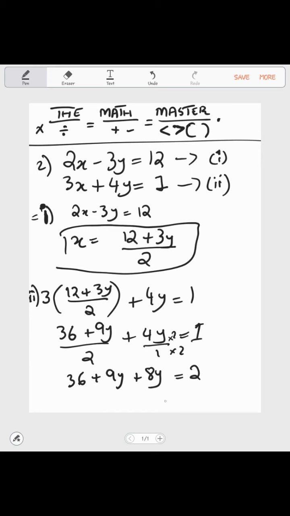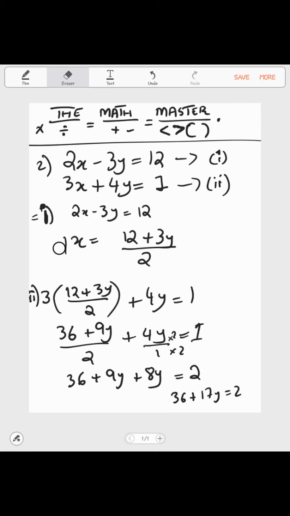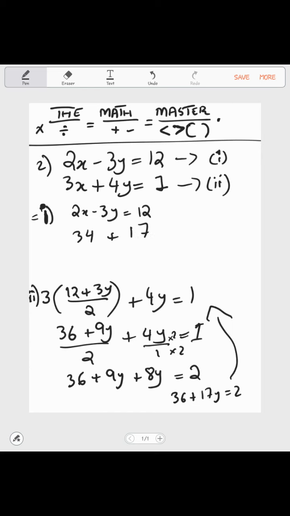So once we know this, we can easily calculate y, which is 36 plus 9 plus 8 is 17. 36 minus 2 is 34. 34 plus 17y equals 0. 17y equals minus 34, and y equals minus 2 is your answer.